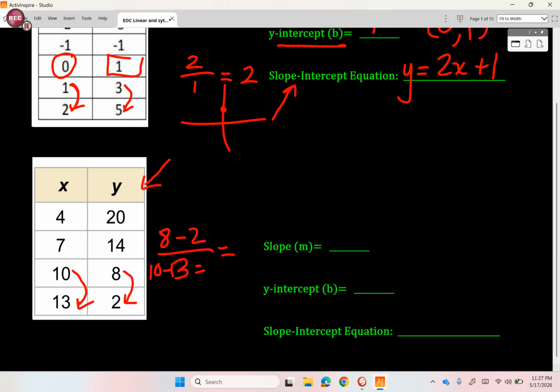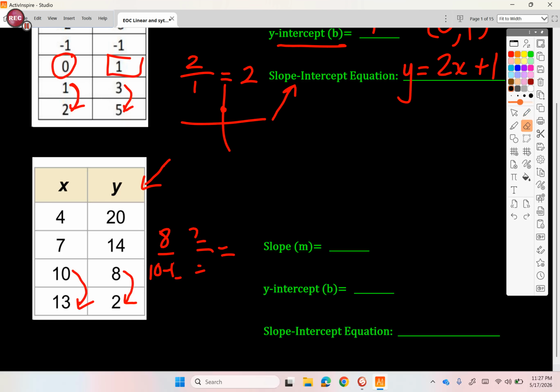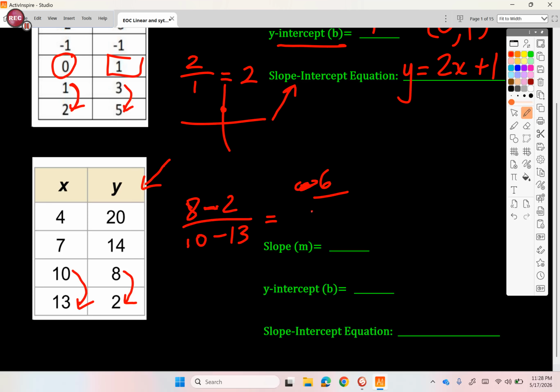I was just going to do the change, but I might as well show you the whole equation. y minus y over x minus x, and you get positive 6 over negative 3, which is negative 2. So my slope is negative 2.